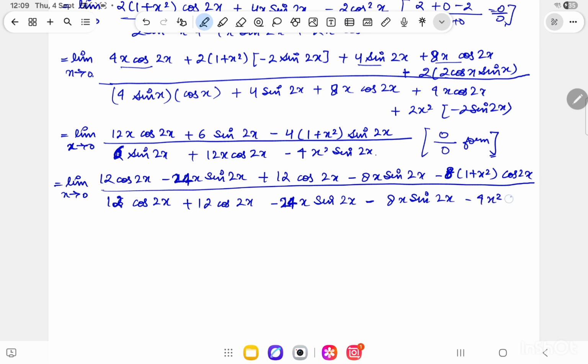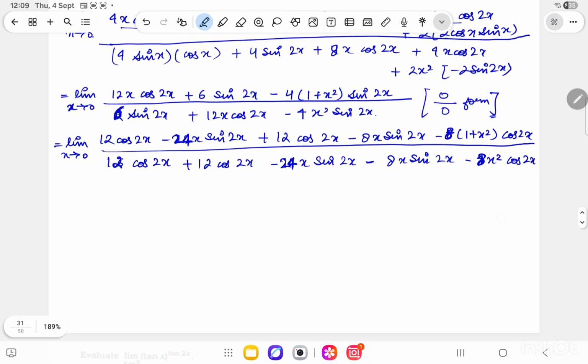Derivative of sin 2x will be cos 2x into 2, so it will be minus 8x square cos 2x. So I can simplify it.